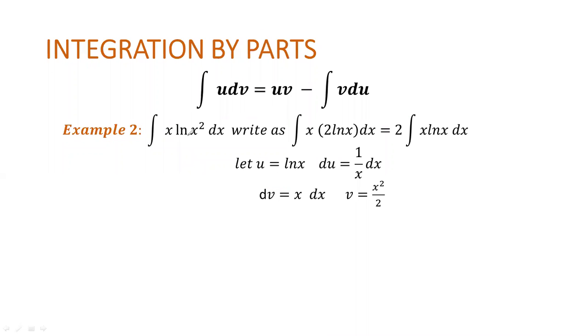Now, here is another example. You have an x and an ln x squared dx. Now, I said you will choose the function most of the time that is simplest to differentiate. Now, this particular example illustrates the exception to that particular suggestion. Why is that?